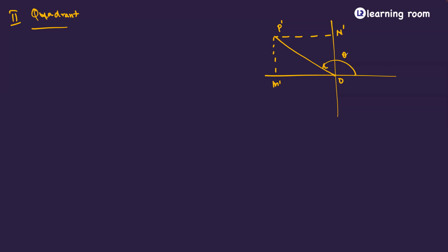So for me to land on this line OP dash in the anti-clockwise direction, I need to rotate through an angle theta, or I could have rotated through an angle of 180 minus theta in the clockwise direction. Both are going to land at the same place. If I take this distance to be A and this distance to be B, what is sine of 180 minus theta from this triangle?